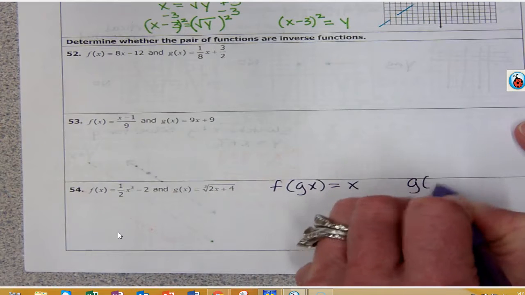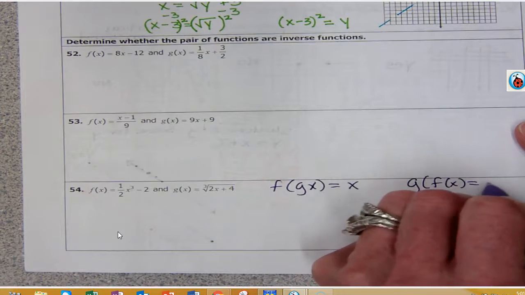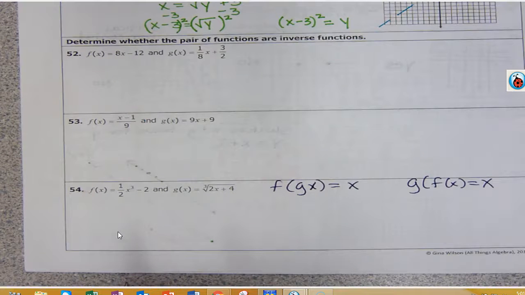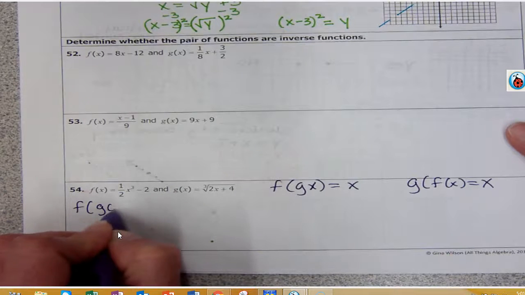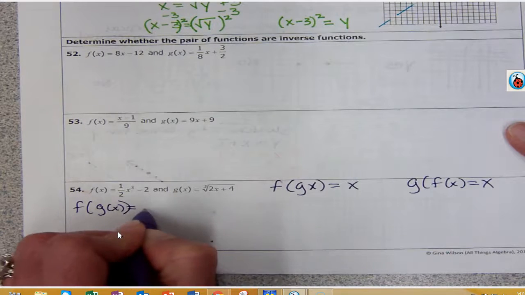Or does g of f of x equal x? If the answer is yes, then they are inverses of each other. So let's see, does f of g of x equal x?